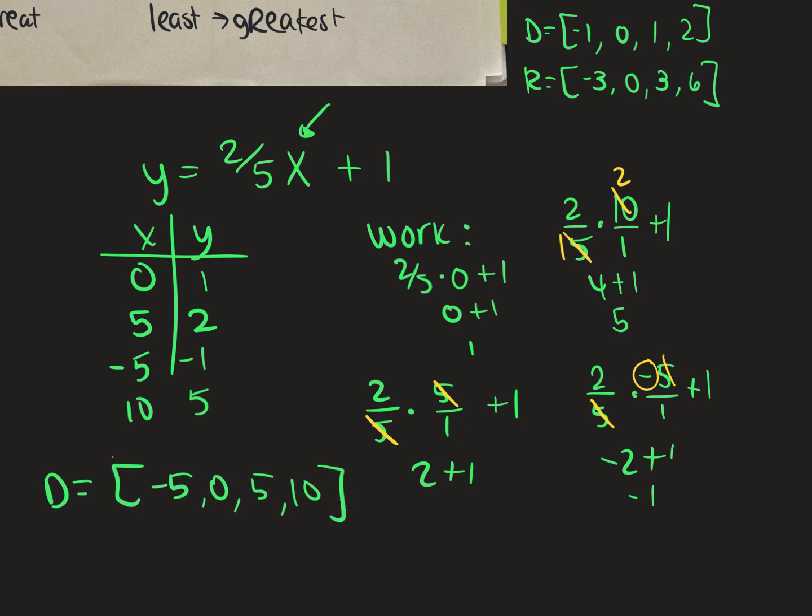If you did not type in the brackets, when you do the range, make sure you type in the brackets. All right, the range is -1, +1, 2, and 5. Oops, brackets. Okay, you're ready for your homework.